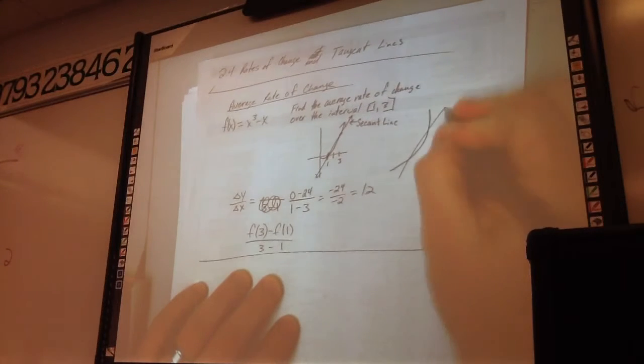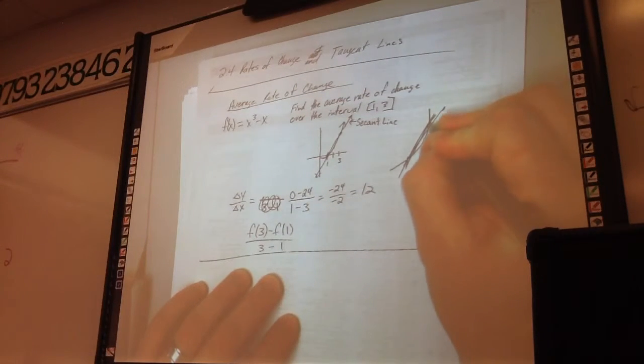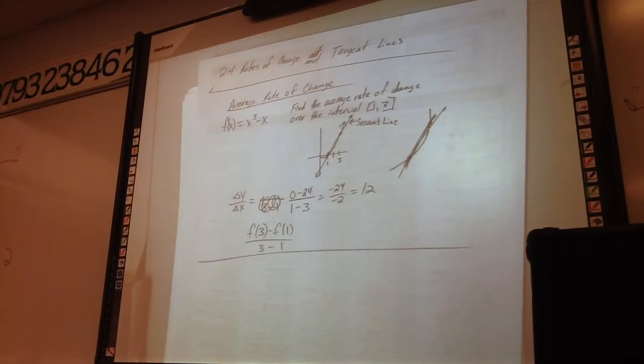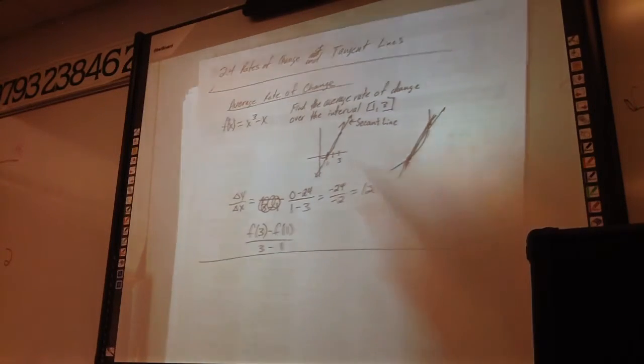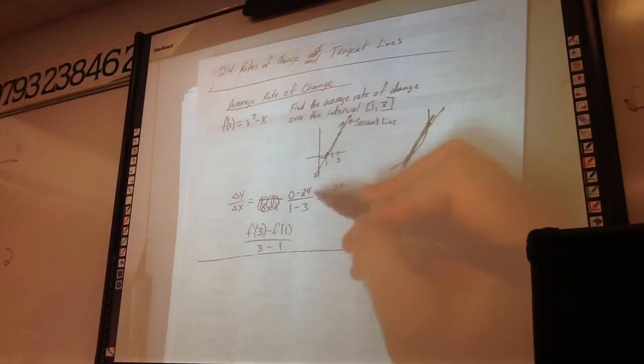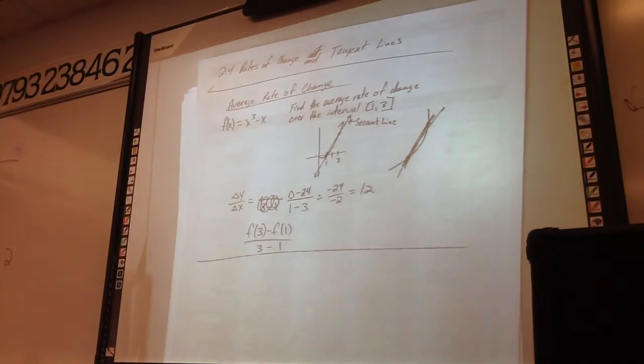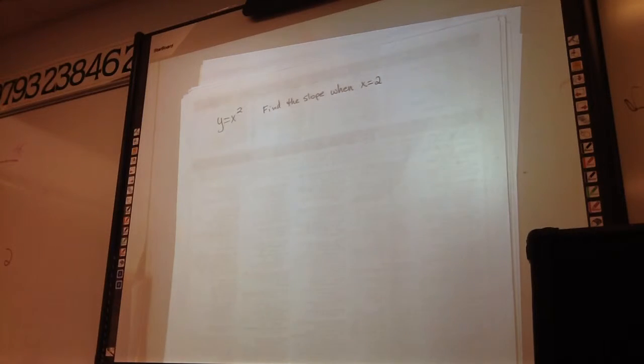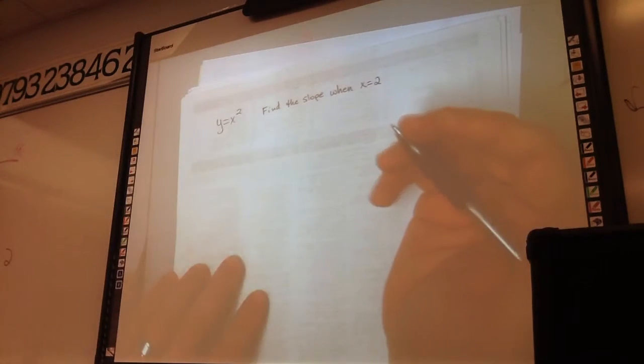If you had a curve and then a straight line that goes through two points on the curve, it's called a secant line. So basically what we did is we found the slope of that secant line through those two points. I had to give you that because I'm going to start using that word here.